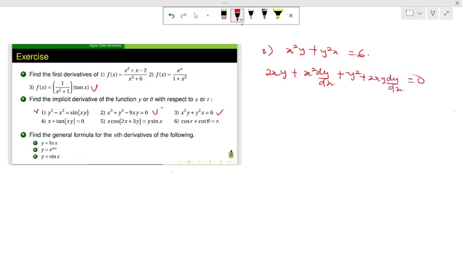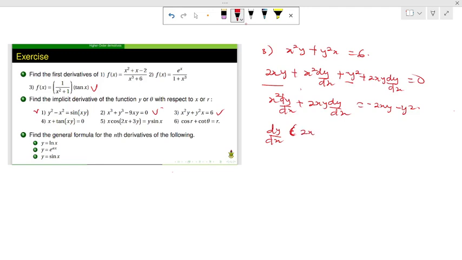When I differentiate 6, it is 0. I simply group, so x squared dy over dx plus 2xy dy over dx is equal to negative 2xy, negative y squared. Yeah, this and this. Therefore, dy over dx, let me factorize first.